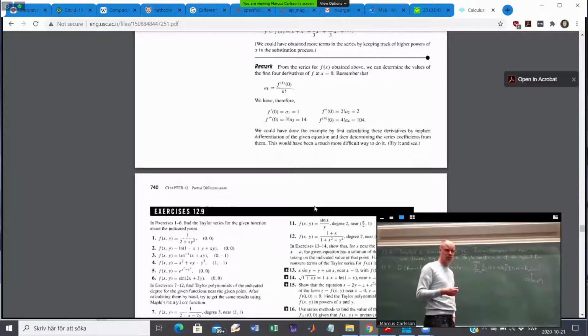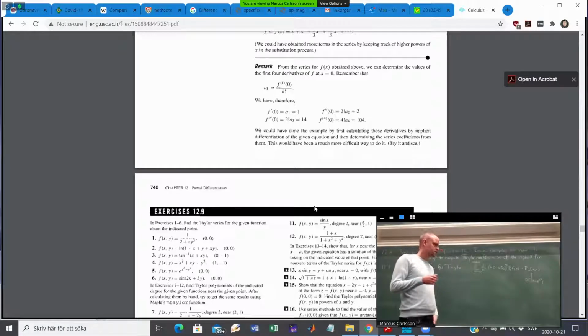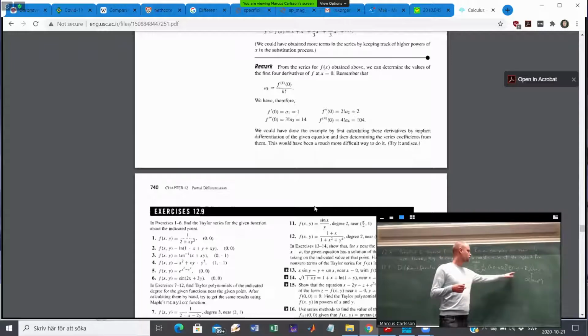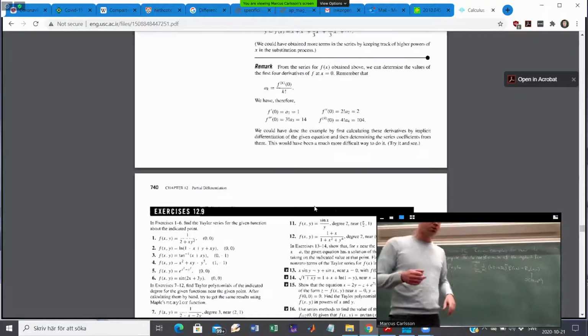But we usually don't go that far. At least we don't have that on the exams. What we do have on the exams is alternative ways of getting this, because these derivatives are sometimes difficult to compute. So as we did yesterday on the exam, there's this uniqueness theorem that if you have a polynomial of order n minus 1 and a remainder term which is order n, then you know that this polynomial is your Taylor polynomial. So that's like a shortcut to get it.